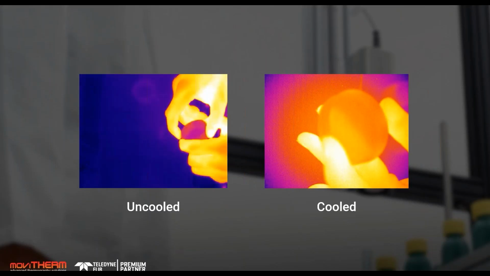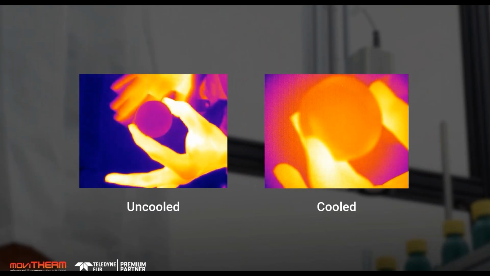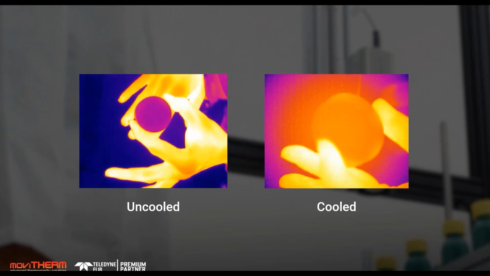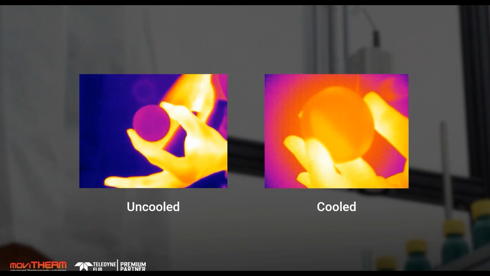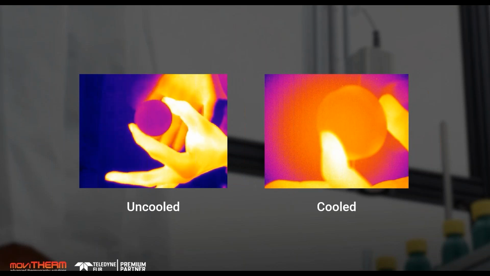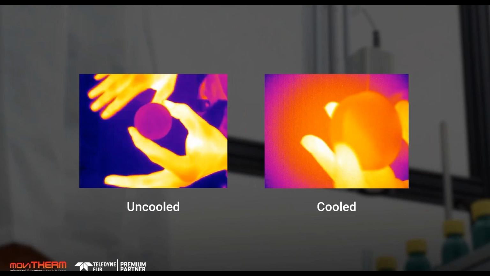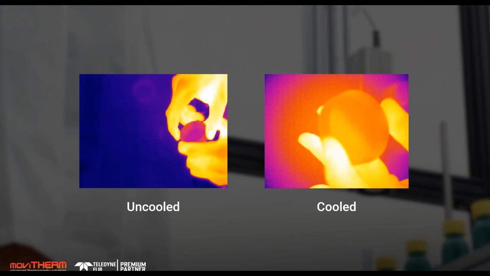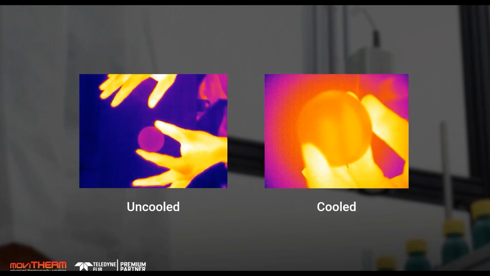When you have the cap torqued on to the bottle, it goes through the electromagnetic field and heats the foil up, and that heat is going to conduct to the top of the cap. So with an uncooled camera, we're going to look at just the surface temperature of the cap, but we do need some time for that heat to conduct to the cap. So, typically we would image this with an uncooled camera maybe 2 or 3 feet from the induction sealer.